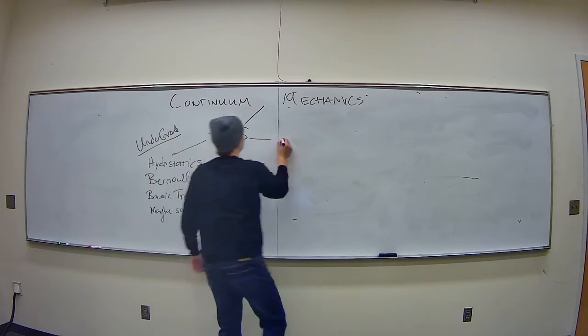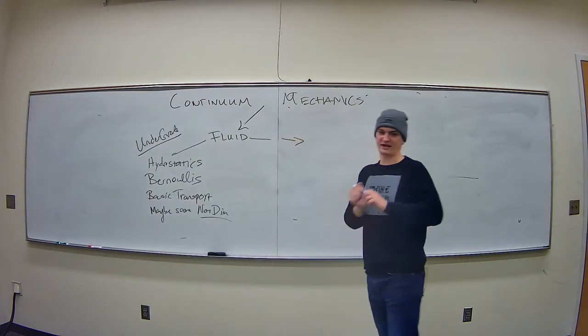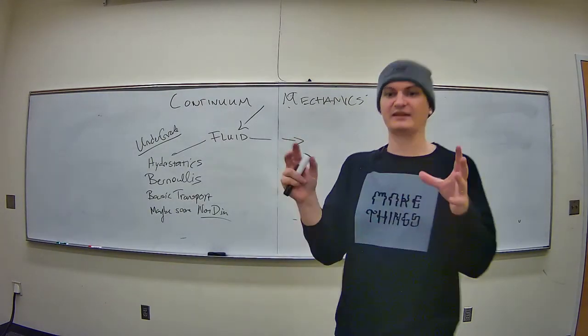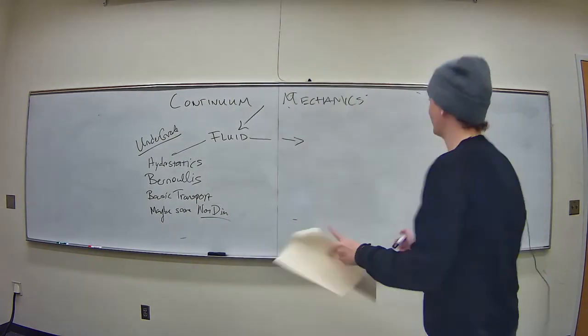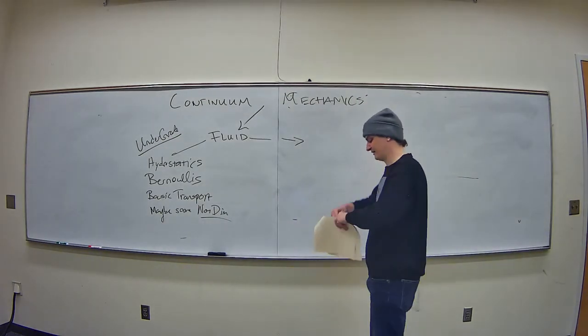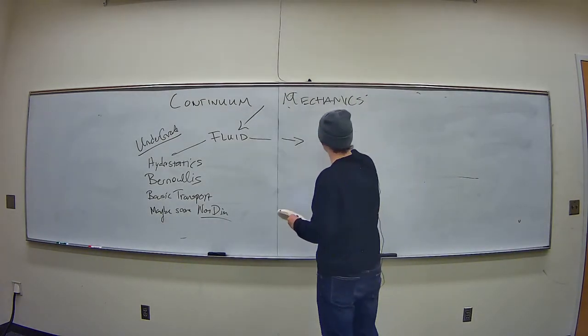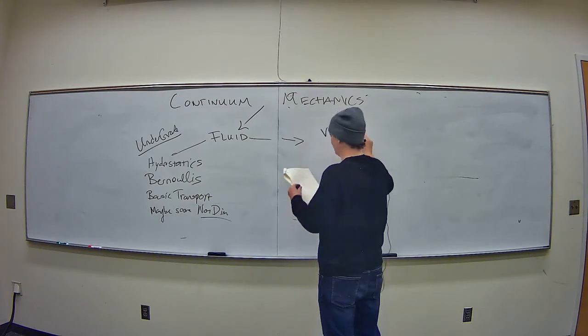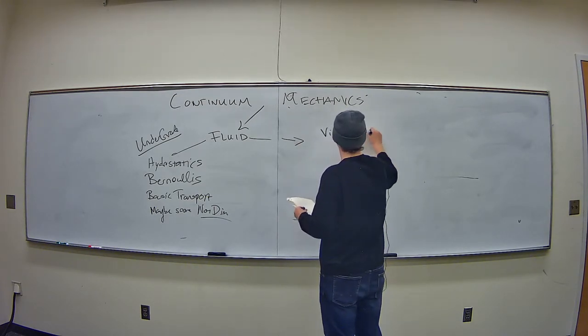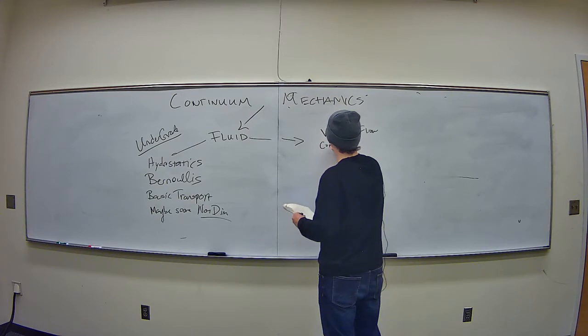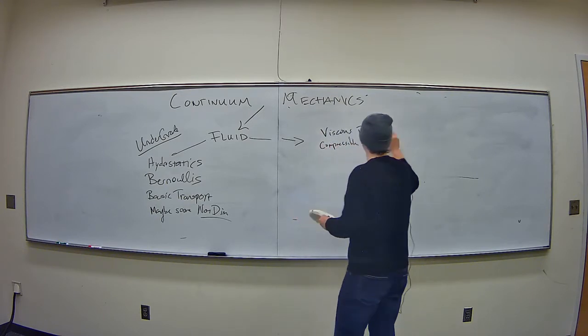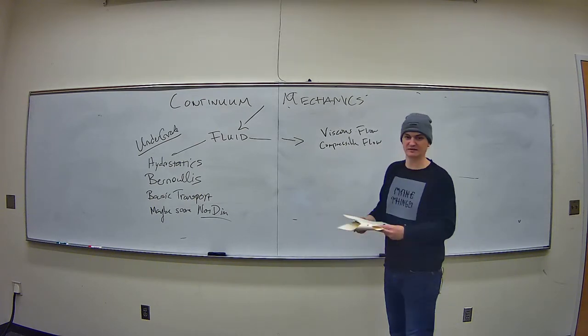Okay, this is the advanced version. In the advanced version, we'll break it into very specific topics, all kinds of things that you can be exposed to. So there is viscous flow, compressible flow, and all these things have very specific meanings in the advanced section.